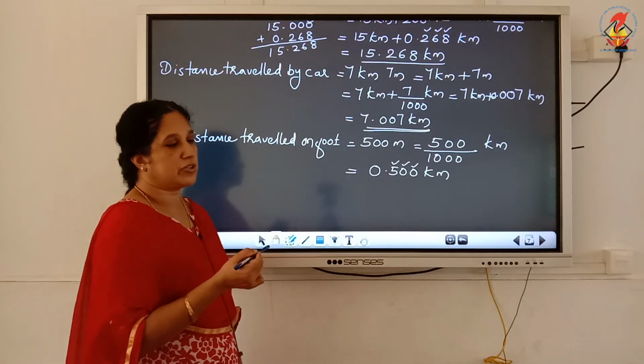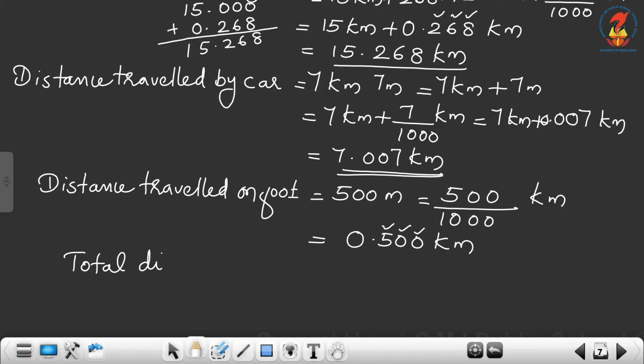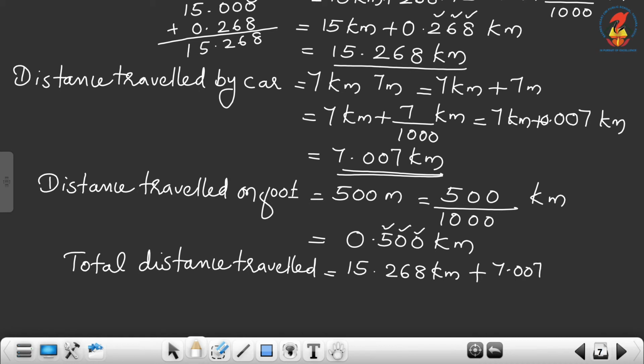Now we have to find out the total distance travelled. So total distance travelled is equal to distance travelled by bus, 15.268 kilometer, plus distance travelled by car, that is 7.007 kilometer, plus distance travelled on foot, 0.500 kilometer.